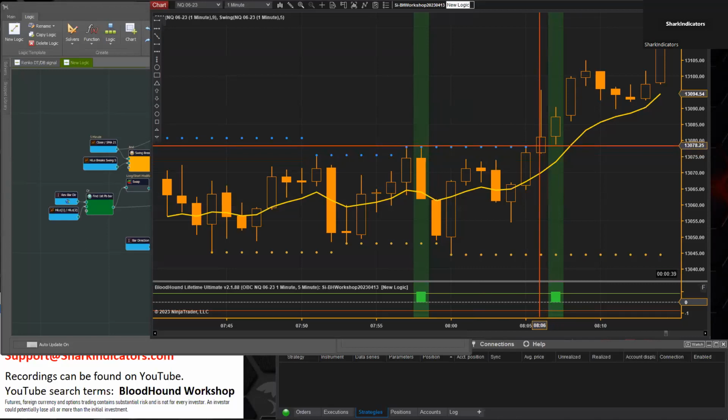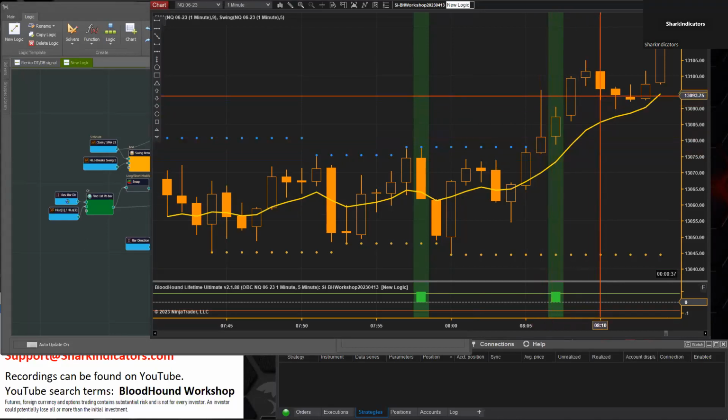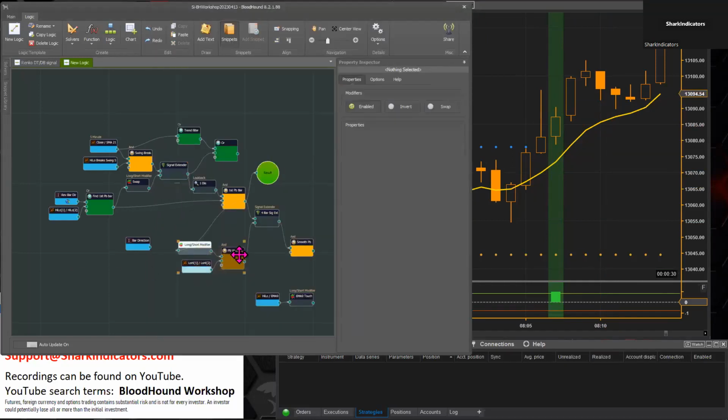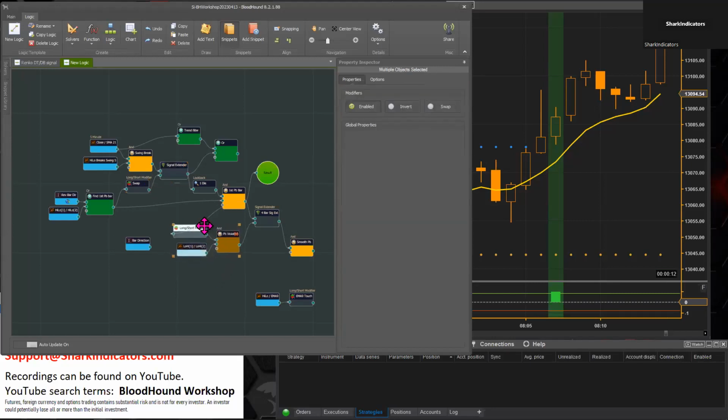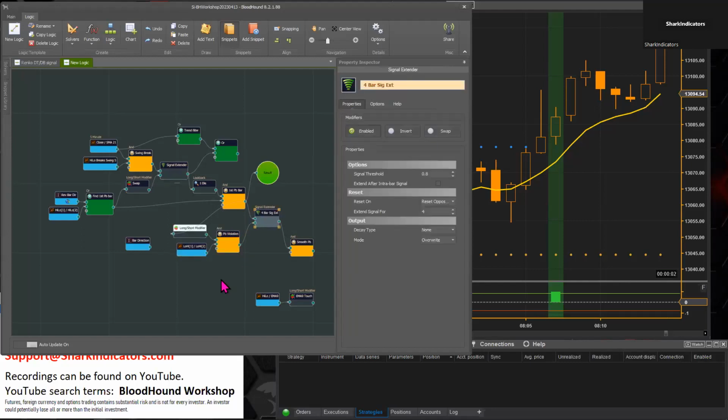Even though this is possibly going to be a long trade signal, we're using a short signal to reset them. So remember that everything going into the resets is in the opposite direction as the trade signal. That's why we have this swap here to reverse the signals for resetting the signal extender. So everything was built in the reverse fashion so that this AND node is generating a short signal to turn off this signal extender.